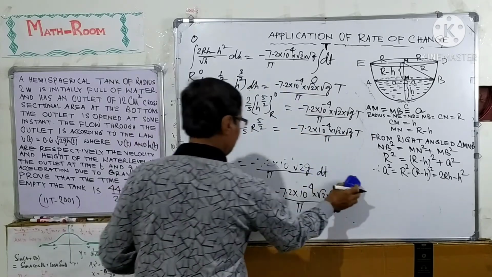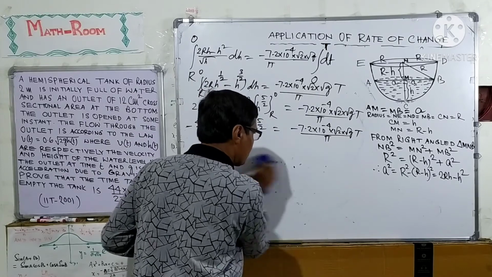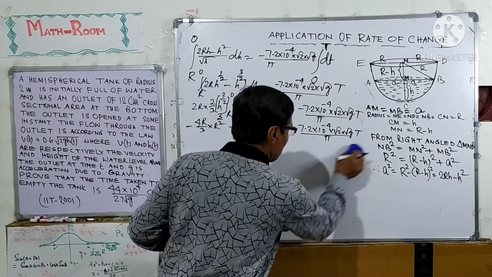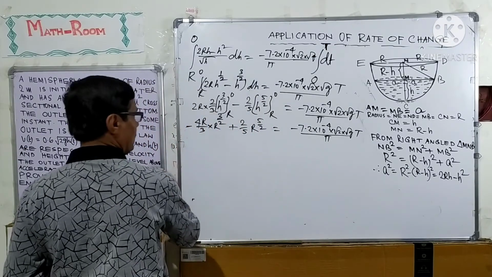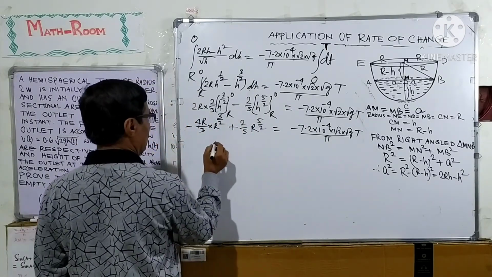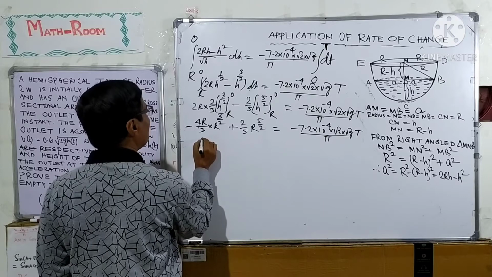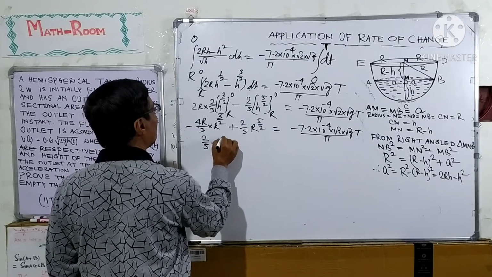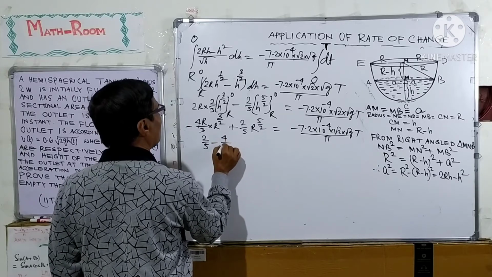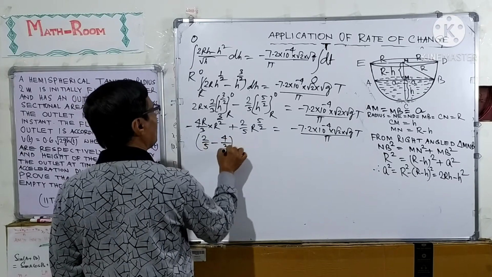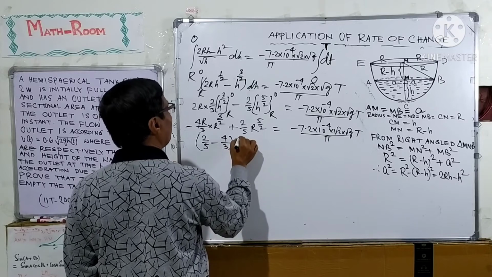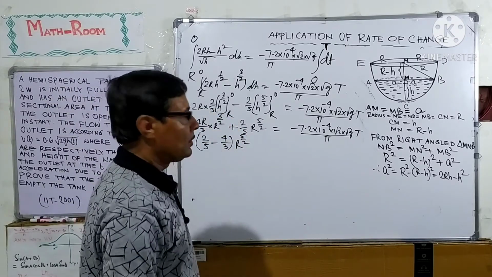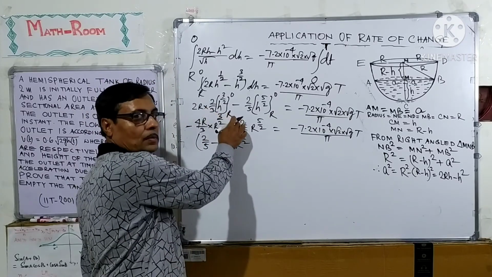Now we can write 2 over 5 minus 4 over 3, and R into R to the power 3 over 2 equals R to the power 5 over 2.